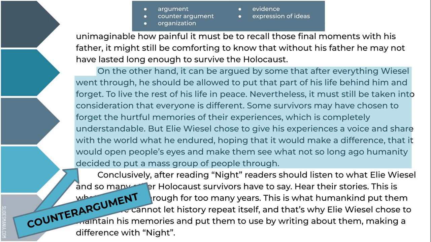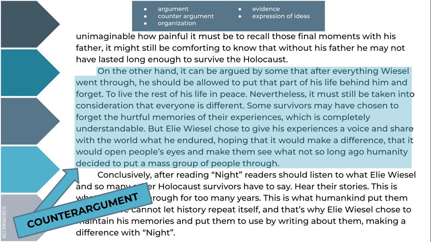And so again, I think expression of ideas was done effectively. And I like down at the bottom here where it says "conclusively," wrapping it all up. It didn't leave me wondering what this particular writer was making a position about. I knew exactly his position. And again, throughout the essay, he gave evidence to support that position.